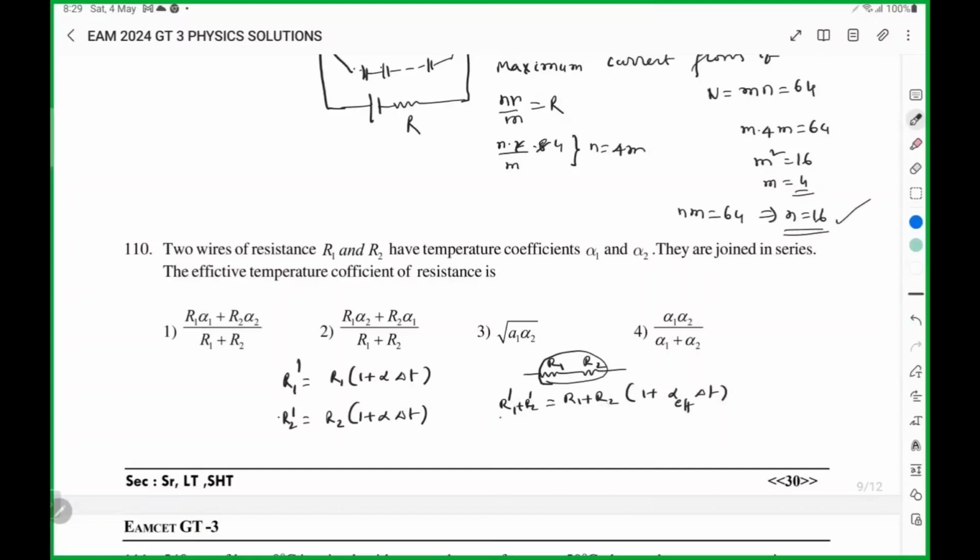So here R1 dash minus R1 is R1 alpha 1 delta T. Similarly, R2 dash minus R2 will be R2 alpha 2 delta T, which is R1 plus R2 alpha effective of delta T. So alpha effective will be R1 alpha 1 plus R2 alpha 2 by R1 plus R2.